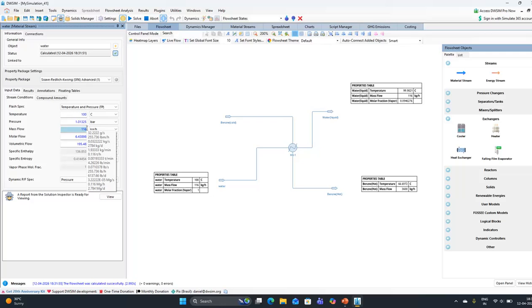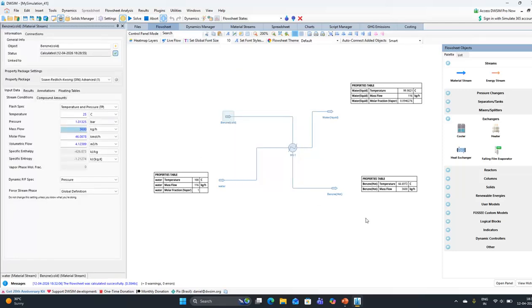Yes. So this is almost the state, and 116 is the most optimized flow rate of water. At 116 kg per hour of water, I am just using the condensation of the steam to heat the benzene from a temperature of 25 degrees to 67 degrees centigrade.